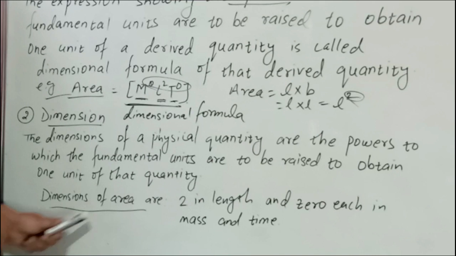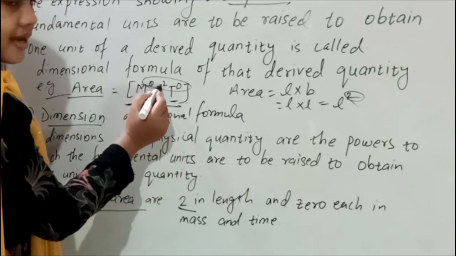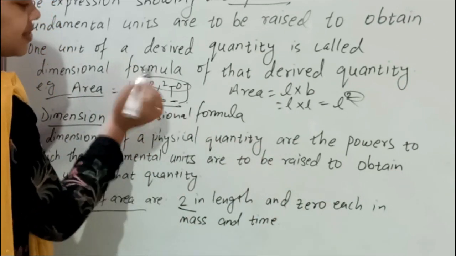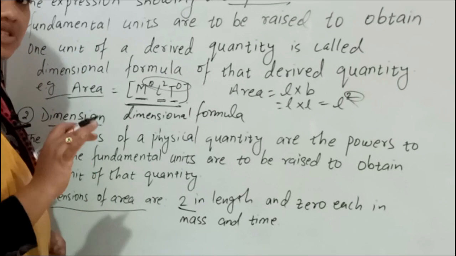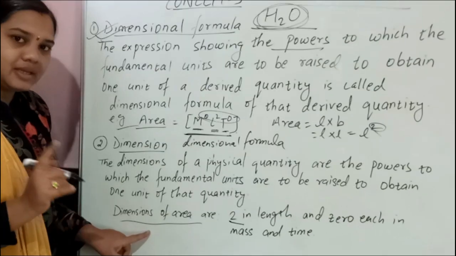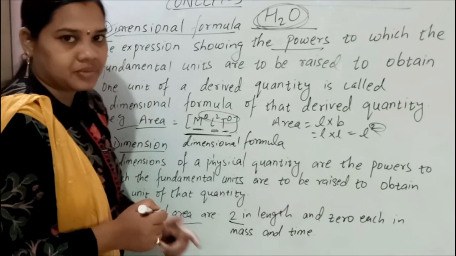So the dimensions of area are 2 in length and 0 each in mass and time. Clear?